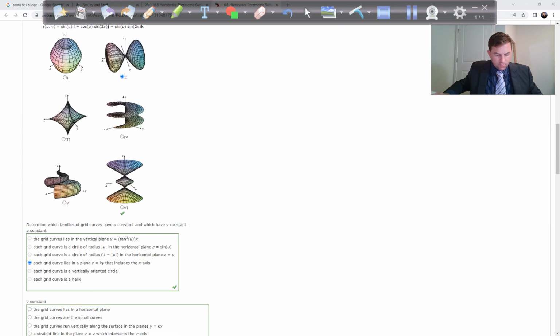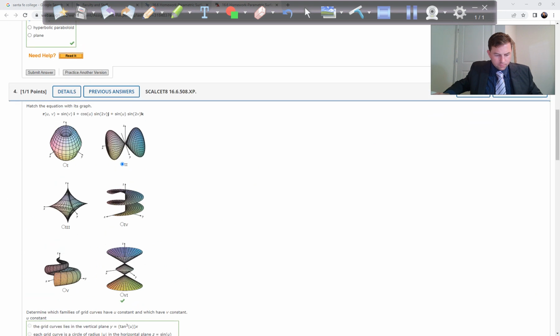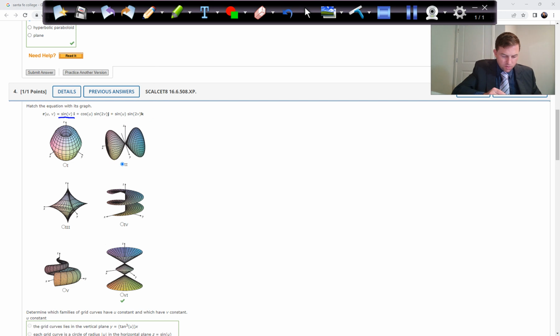Okay, now for 4, we have a vector r that's a parametric vector in terms of u and v, and we have sine v in the x direction, cosine u sine 2v in the y direction, and sine u sine 2v in the k direction.